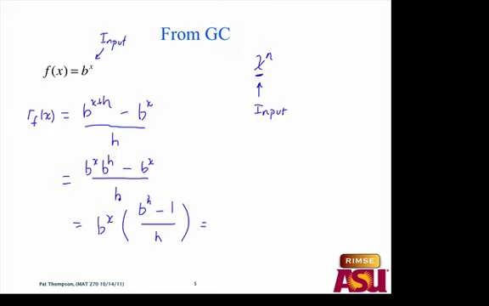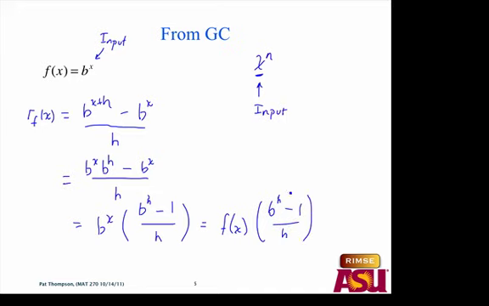So I pulled this h over with this because this is special in that the rate of change function has, as part of it, the original function. You see that? So now we just have to make heads or tails of this thing.